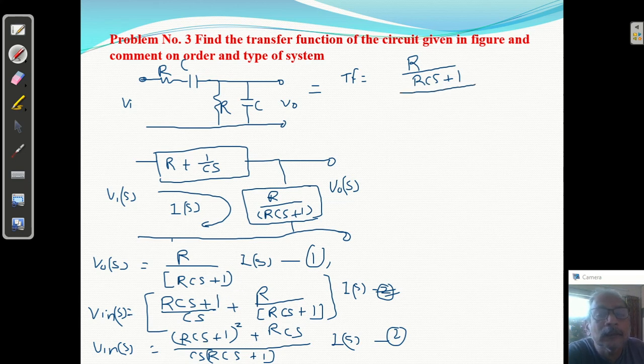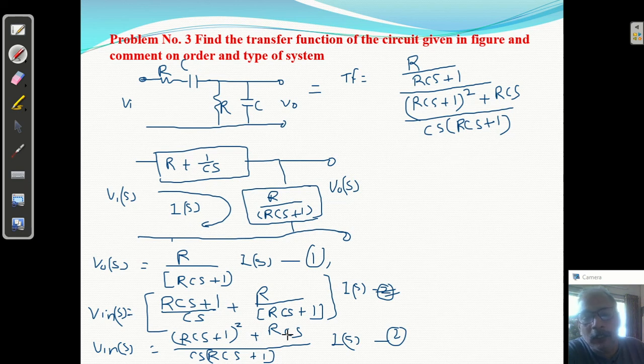What is this? This RCS plus 1 square of that plus RCS upon this CS into RCS plus 1, right? I of S will be cancelled. So this R upon RCS plus 1 upon this term.